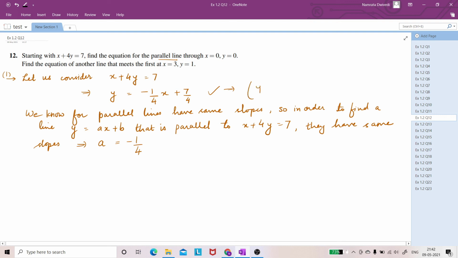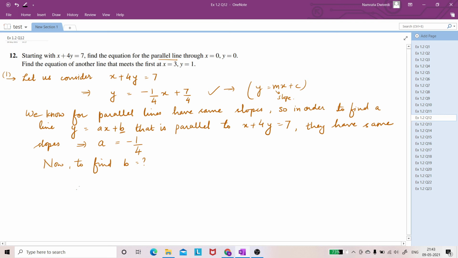Inferring this, y is equal to mx plus c, so m is the slope. Now, what do we have to find? We have to only find the value of b. So to find b, we'll use this equation.